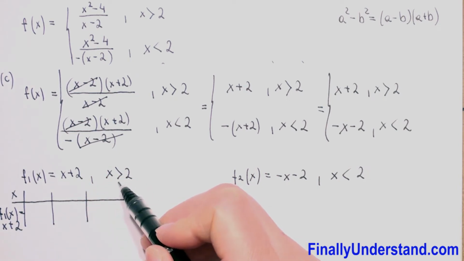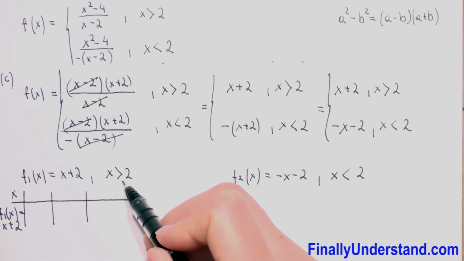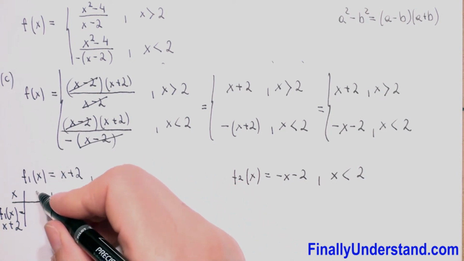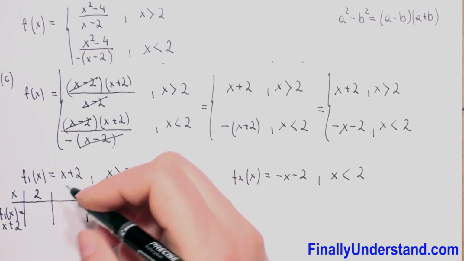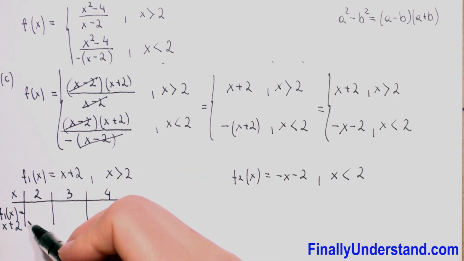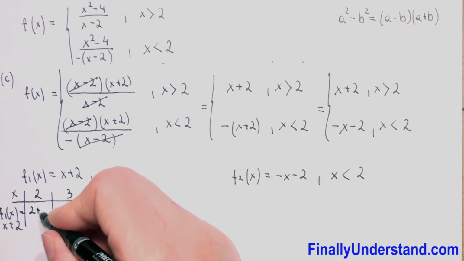I have to choose x greater than 2. But like always, I will check what happens with x equal to 2. So I will choose 2, and greater than 2 will be 3, 4. Now when I replace x by 2, it will be 2 plus 2.